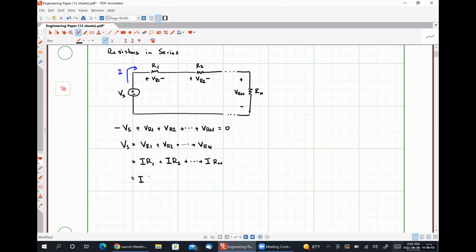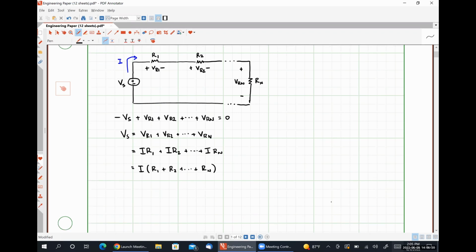So that we will have I multiplied by a factor of R1 plus R2 all the way out to R sub n. And I'm going to call this sum of resistances Req,S, representing the equivalent series resistance seen by our voltage source, right?